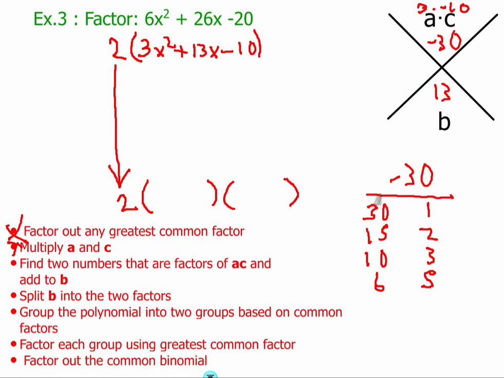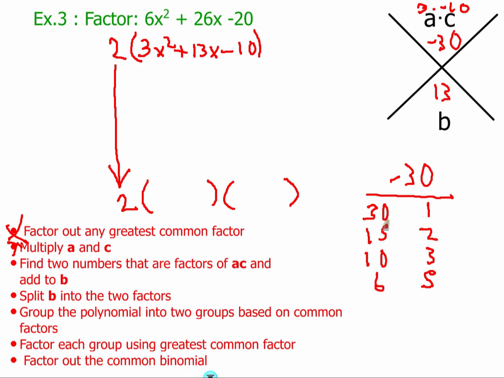If I do negative 30 plus positive 1, that's negative 29. That doesn't work. If I do positive 30 plus negative 1, that's positive 29. That doesn't work. If I do negative 15 plus 2, that's negative 13. Close.